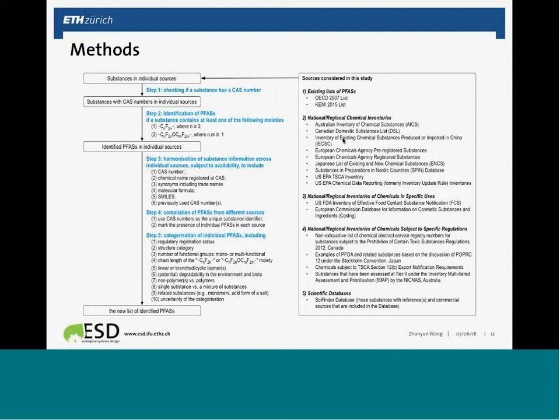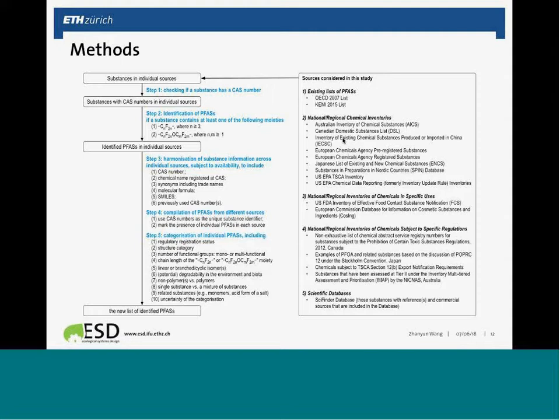In addition to these regulatory sources, we also looked into a scientific database, more specifically the SciFinder database. We looked for substances containing this structure moiety, and because the SciFinder database contains millions of chemical structures, and not all of them are in commerce, we added additional criteria: that a substance has a reference, including peer-reviewed articles or patents, and also some commercial sources within the SciFinder database, which could indicate that these substances are being used.